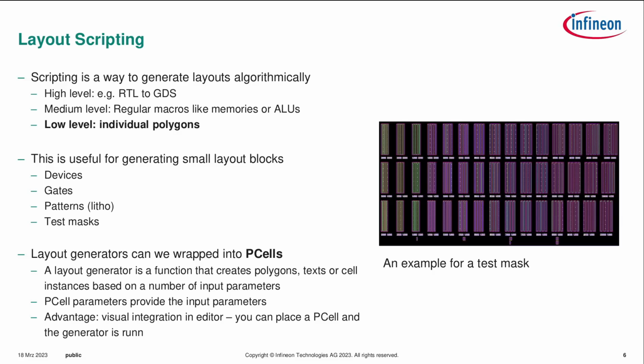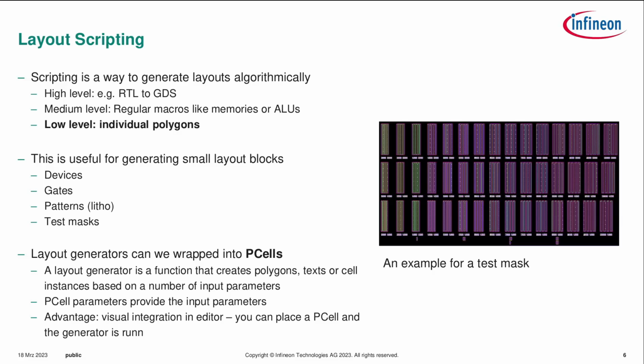In general, layout generators can be wrapped into p-cells. So a layout generator, first of all, is quite simply a function that creates polygons or other geometric objects based on a number of input parameters, which are, in the case of a MOSFET, for example, width and length and maybe number of fingers. A p-cell is essentially a wrap around this. It is a way to declare the parameters in a way they can be presented by a user interface.